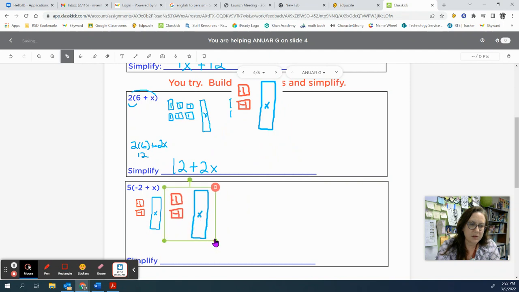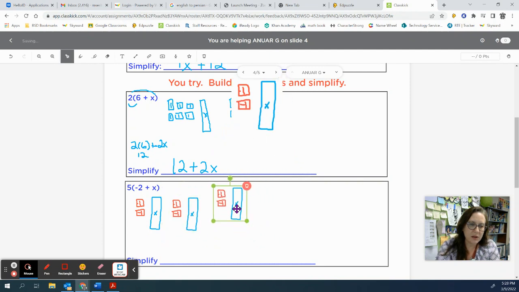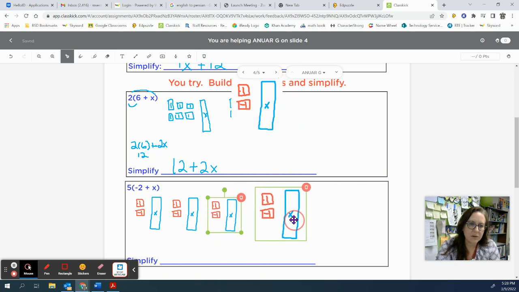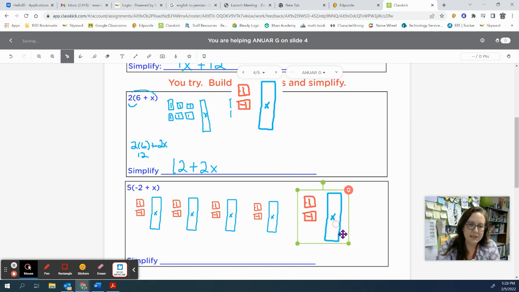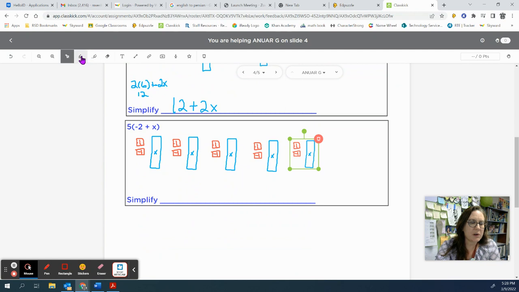Okay, 1, 2, 3, 4. Ooh, I did 1 too many, didn't I? 1, 2, 3, 4, 5. I don't need this one. So what do we have all together? We're going to simplify. We're going to combine like terms.